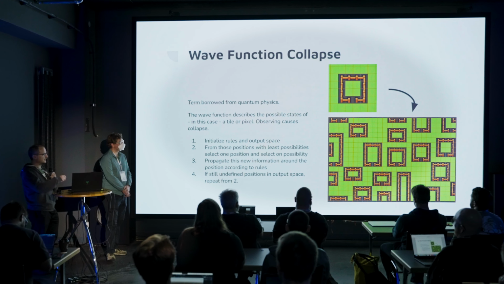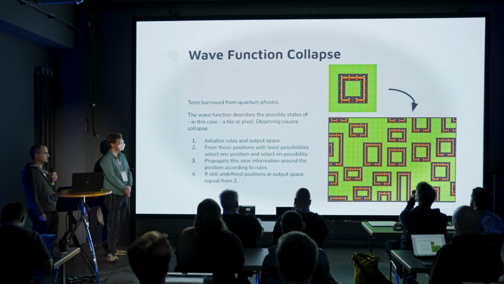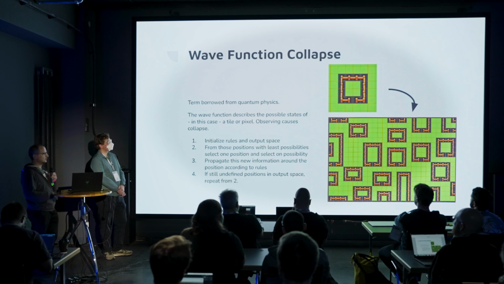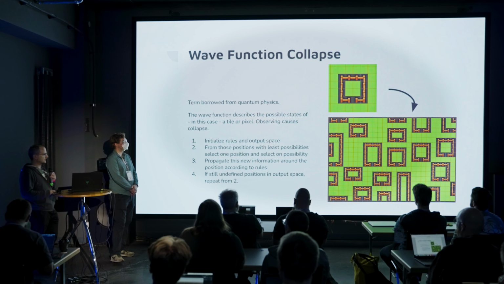So you give every cell the possibility to be any tile that's also present in the template. And then you start observing a single tile. So you fix down which tile it is. And then step by step, you reveal what's possible around it. And then you repeat this process.